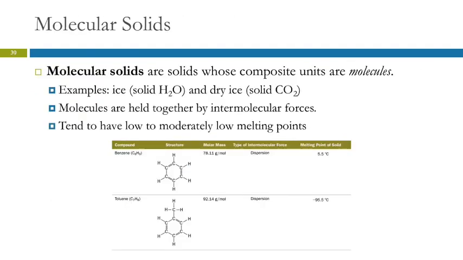These slides go over lots of little details, so I'm going to go through them pretty quickly because I already said most of this. Molecular solids, we've got molecules in here, things like water and carbon dioxide as solids. These have low melting points. There's a couple of other examples.